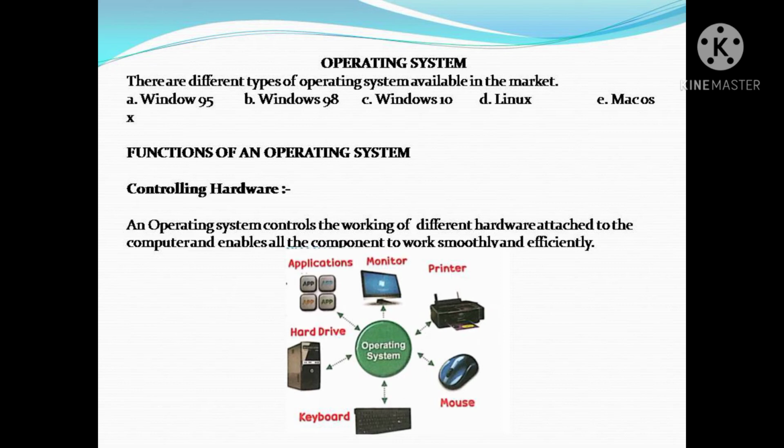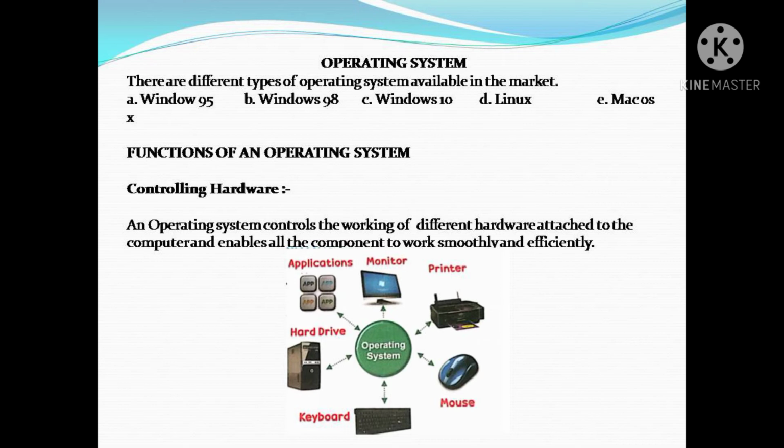Now let us see some of the functions of an operating system. Controlling hardware. What does the operating system do? It controls your application system, your monitor, your printer, your mouse, keyboard, CPU. It has to keep track of everything that is connected to it.